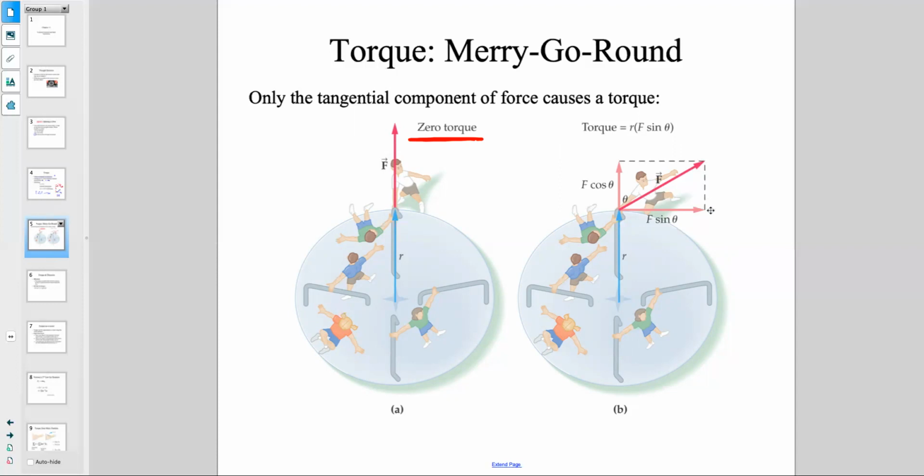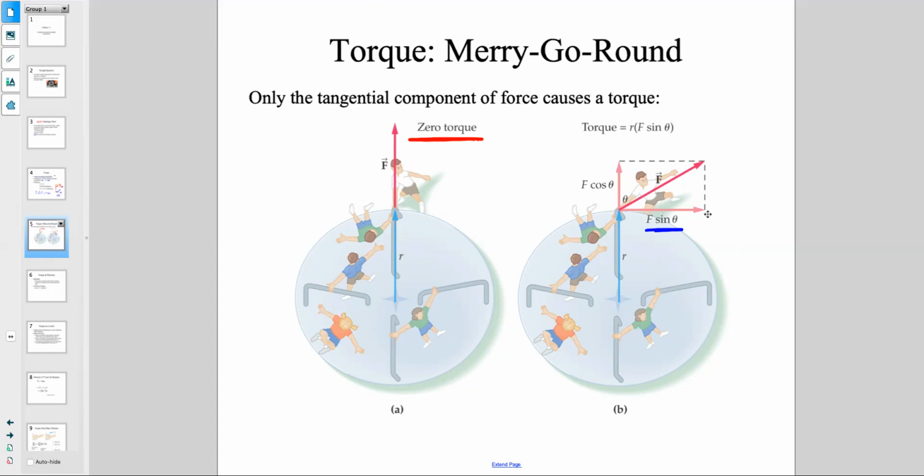In our case, this is F sine theta. If you're applying a force of F, and this is the theta over here, this F will have a component along the radius and another component that is tangent. So you need to break down the force into its components. F is F cosine theta in this direction and F sine theta in this direction.